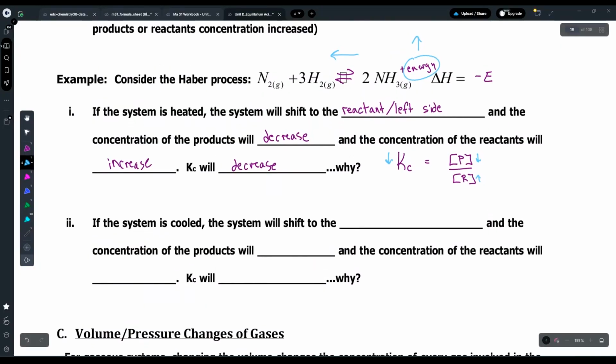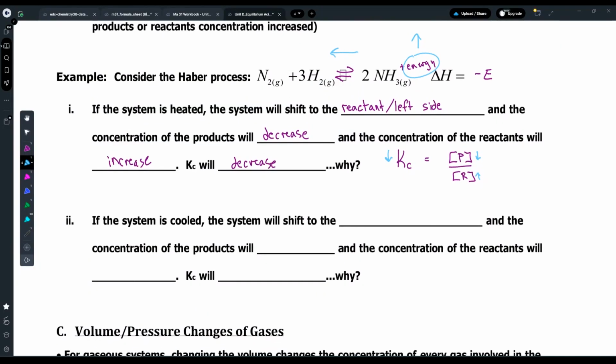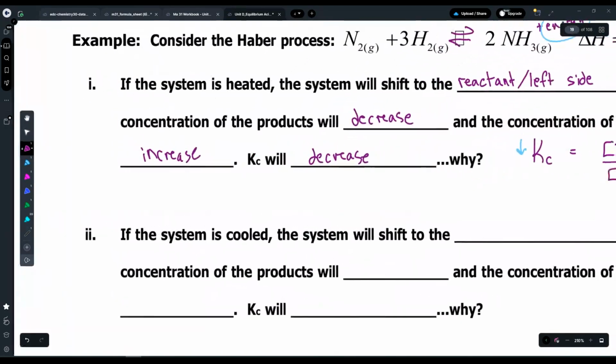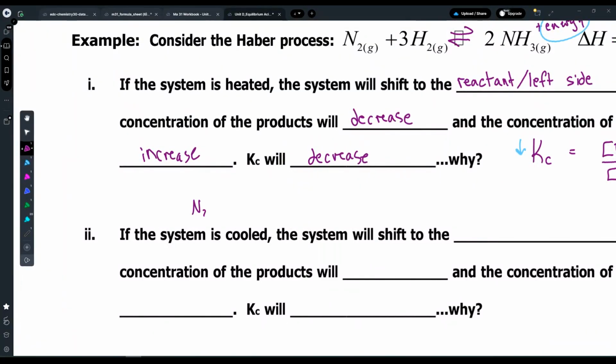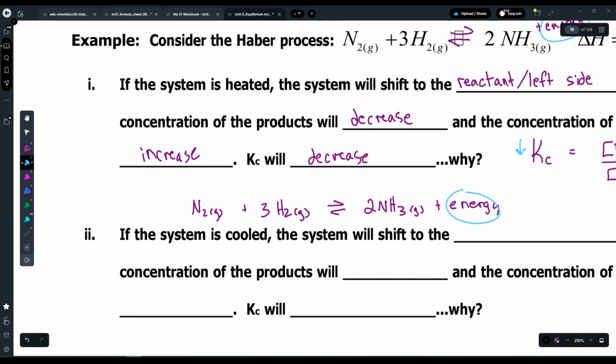All right, now let's take a look at what happens when the system is cooled. So I'm going to quickly rewrite this reaction out just so I can write on it. And I'm going to include my energy term. Okay, so if the system is cooled, that means we are decreasing the amount of energy.